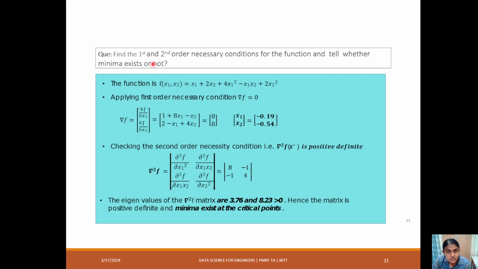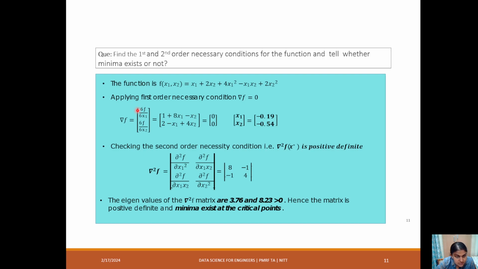Find the first and second order necessary conditions for the function and tell whether the minima exists or not. The function is f of x1, x2 equal to x1 plus 2x2 plus 4x1 square minus x1x2 plus 2x2 square. Since this is an example problem, I have given the answer also. Applying the first order necessary condition, del f, or gradient of f, equal to 0.